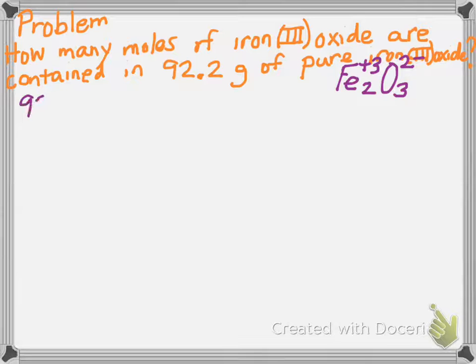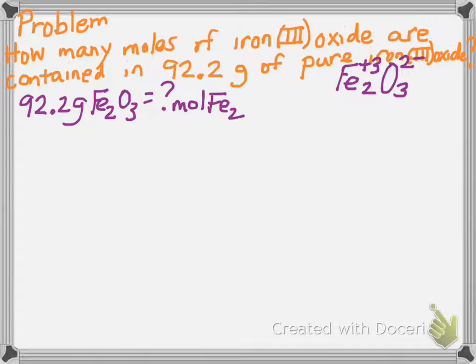Again, this problem is asking me to take 92.2 grams of iron 3 oxide and figure out how many moles of iron 3 oxide that is. So again, this kind of helps me out because that's my given that I'm going to start with.